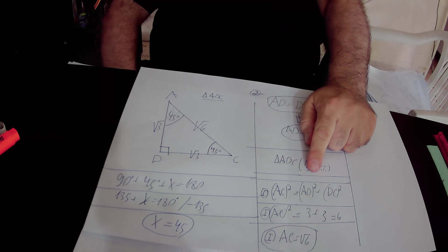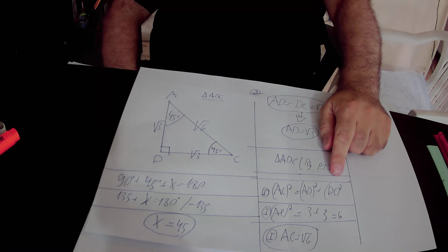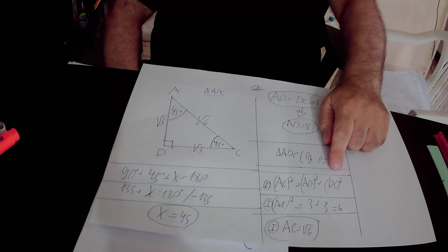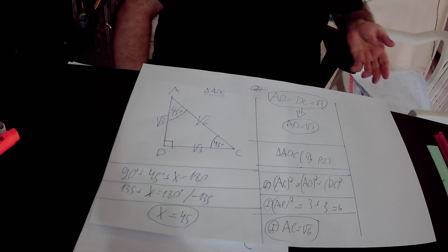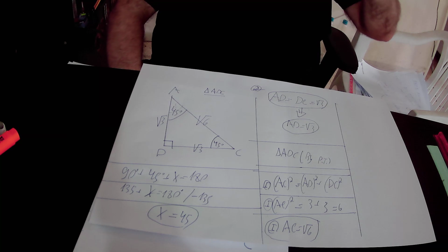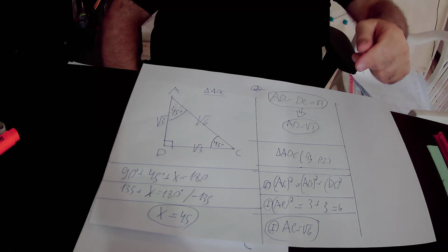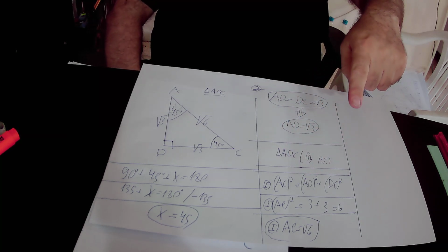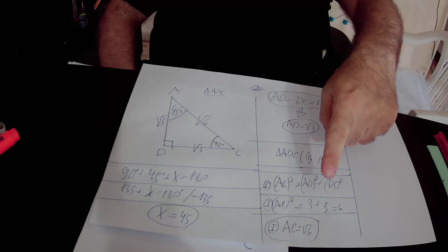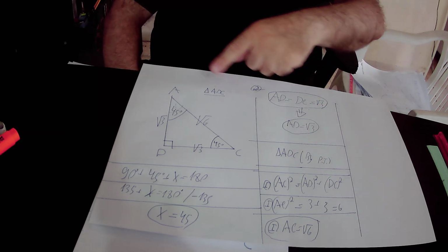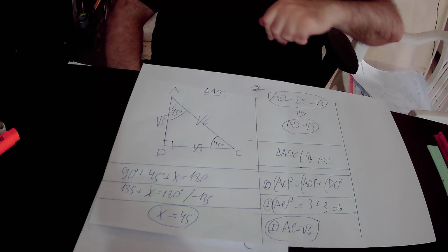AD is square root of 3, therefore AD square is 3, plus DC square. DC is square root of 3, so DC square is also 3. So in conclusion, AC square equals 3 plus 3, that is 6. We took the square root of this equation, equation number 1, and found out that the hypotenuse AC equals square root of 6 units.